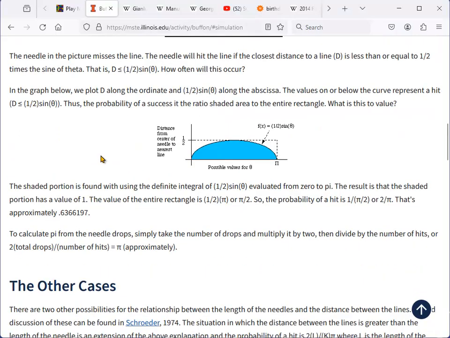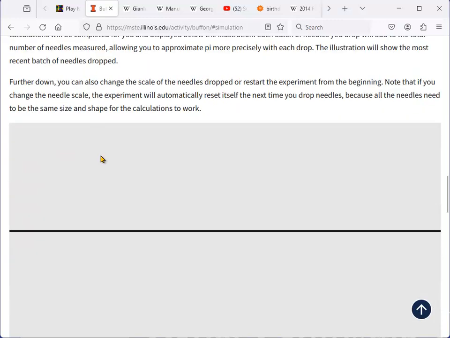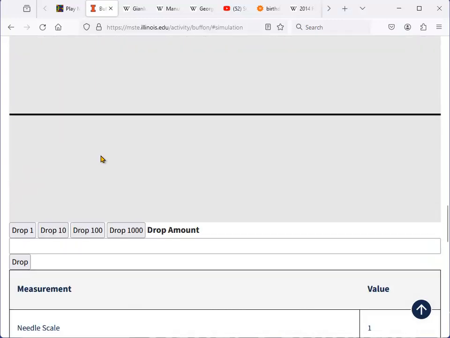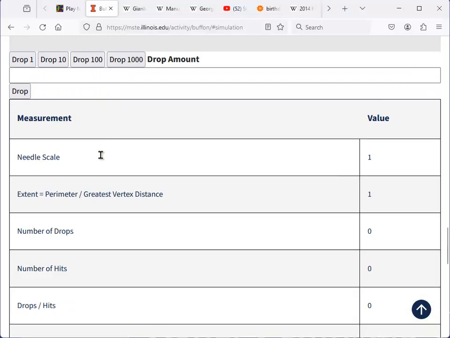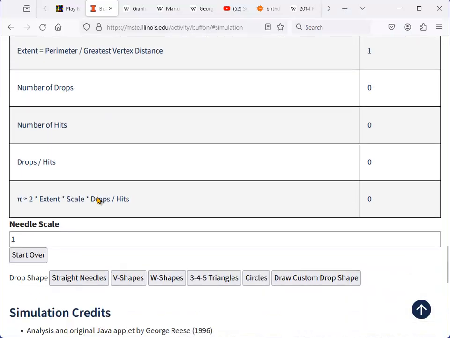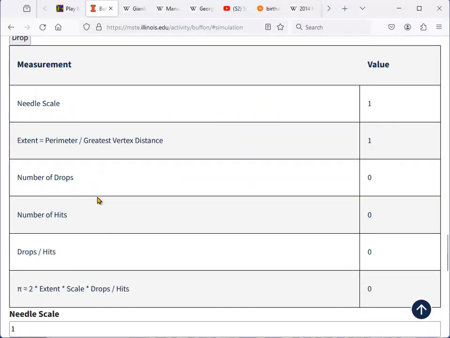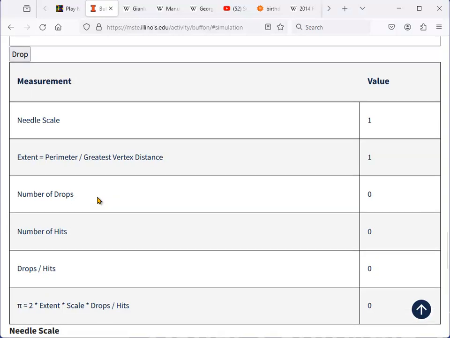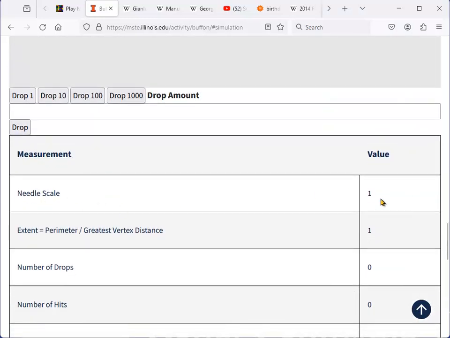Okay, your part of doing is the following, my instructions. So I reloaded this one here, and so far I have drops of 0, 0, 0, 0 everywhere, right? The needle, by the way, is the same length as the distance between the parallel lines. It doesn't have to be, but it just makes it easy if it is.